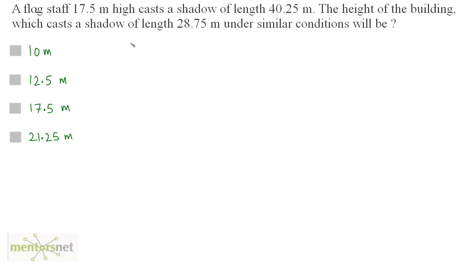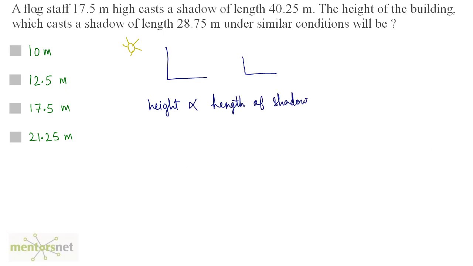To find out, let us assume that we have the sun here and a pole of, let's say, this much height. The shadow it will cast will be approximately the same as its height, right? If the pole is of shorter height, the shadow will also be shorter, right? Hence, the height and the length of shadow are directly proportional to each other.